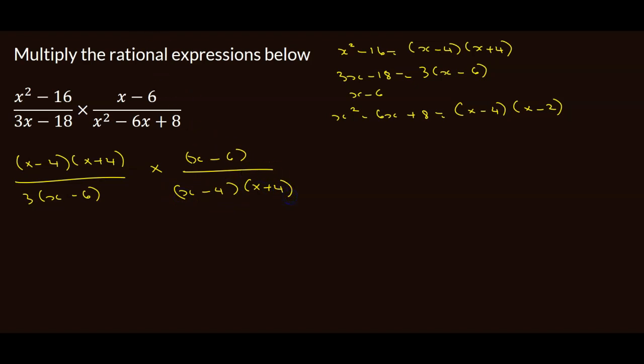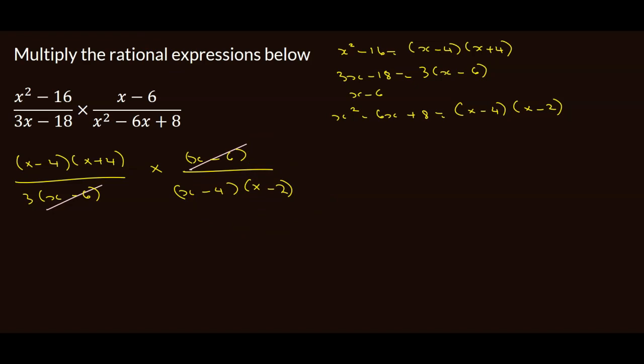So now we're going to go through the steps we followed earlier, which is we're looking for common terms and cancelling them out. So we have a common term here, x minus 4, x minus 2.